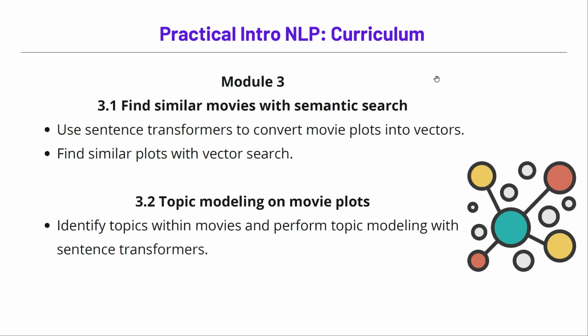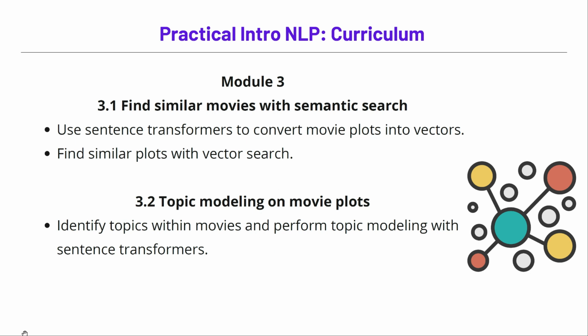And module 3, whatever we have done with TF-IDF, which is building a recommendation system for identifying similar movie plots to a given movie plot, and extracting keywords from a movie plot, all those things we are going to do with advanced algorithms like sentence transformers.